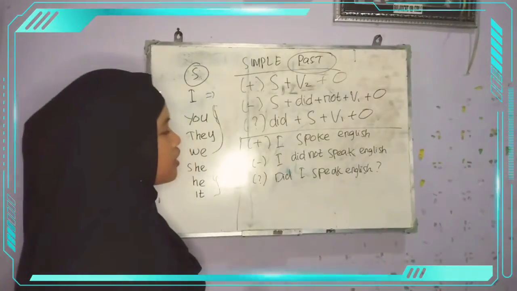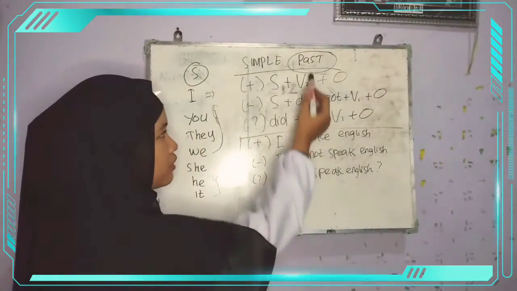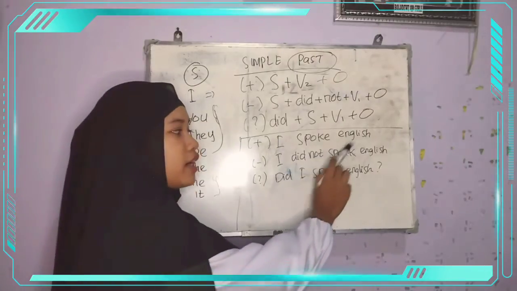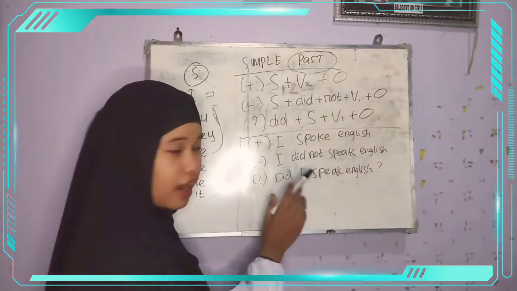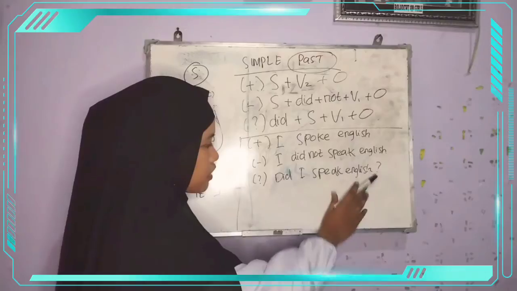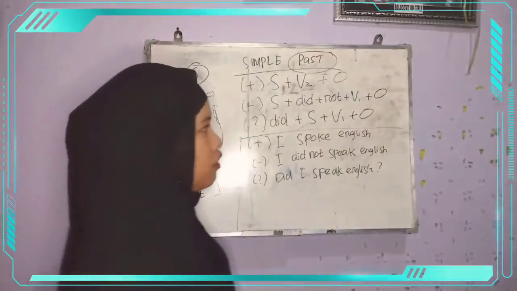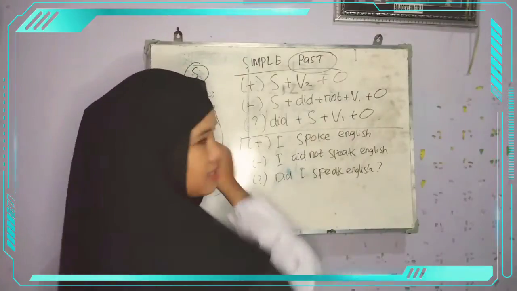Alright, I spoke English. I did not speak English. Did I speak English? This is the example for this tense, simple past.